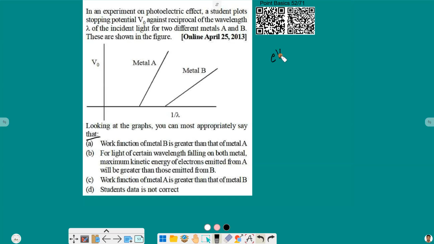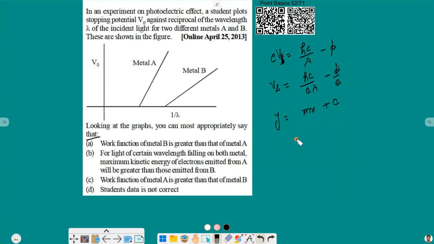So we have eV naught, sorry, stopping potential Vs times e is equal to energy, that is hc by lambda minus work function. So I can write it like this: Vs is equal to hc by e times 1 by lambda minus phi by e. So this is like y is equal to mx plus c.